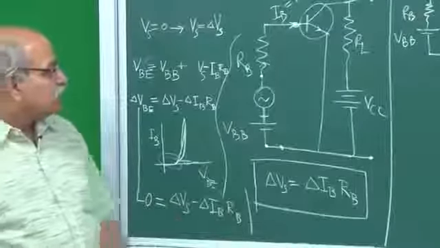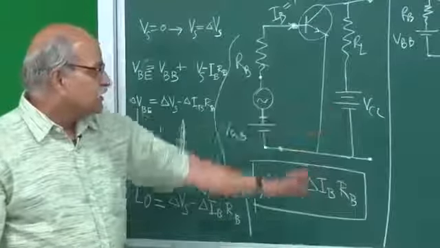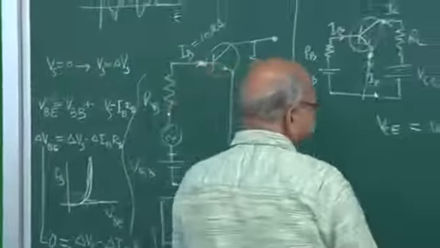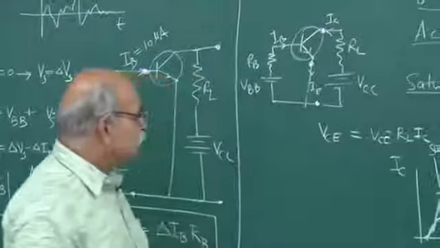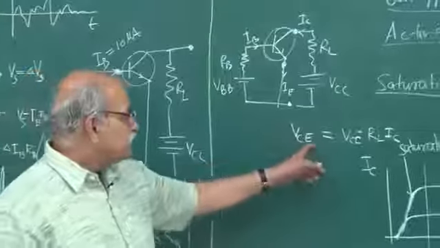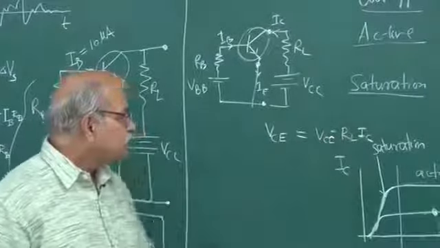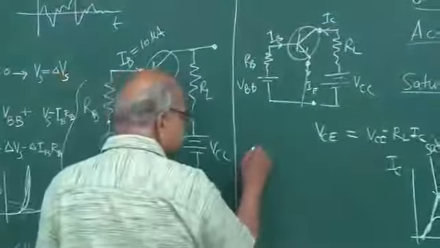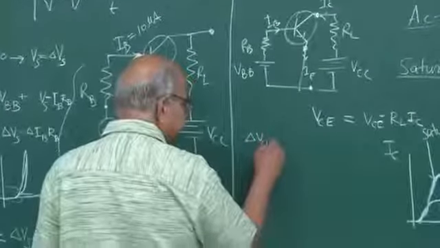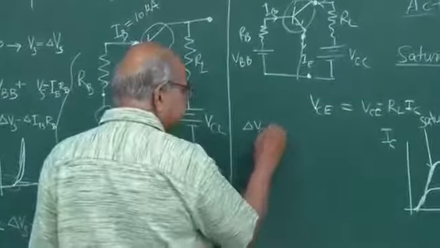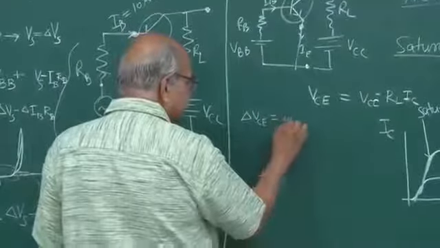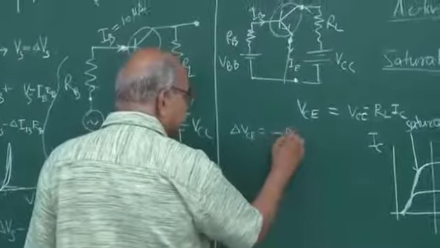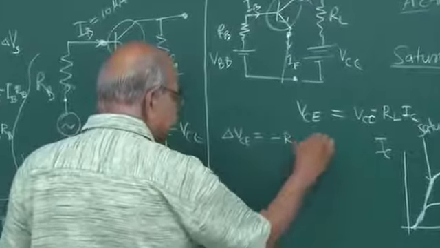Now let us look at what happens on the output side. For this we already have the equation VCE is VCC minus RL IC. So if I write delta VCE, and remember VCE is your output voltage, it is delta VCC, which is 0, and then minus RL, which remains there, and delta IC.